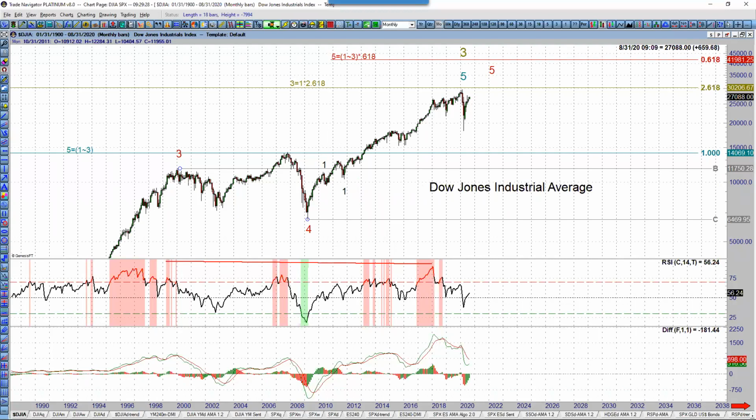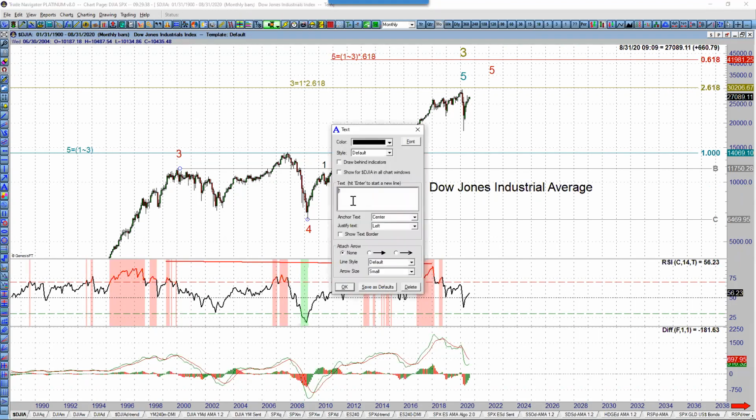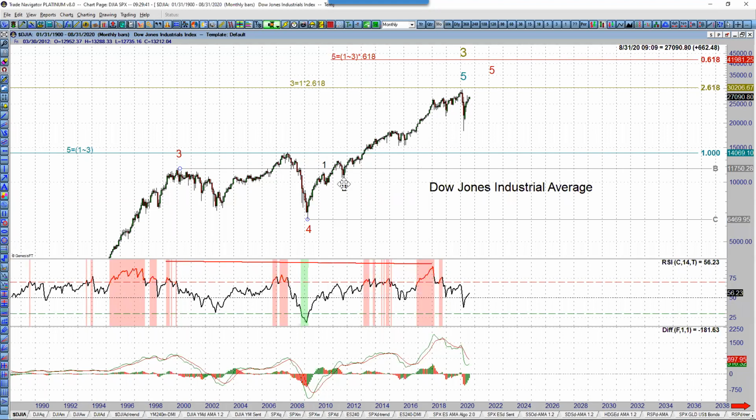Based on the MACD indicator moving up strongly through this high right here, that, just from experience on the monthly chart, is likely the end of a third wave.